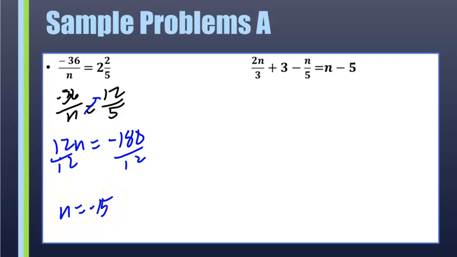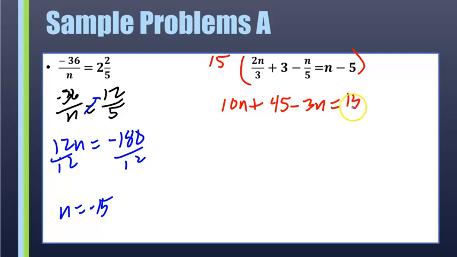Next problem, we want to get rid of the fractions, so let's multiply everything by 15. That's going to be 15 divided by 3 is 5. 5 times 2n is 10n. Plus 15 times 3 is 45. 15 divided by 5 is 3. 3 times n is 3n.